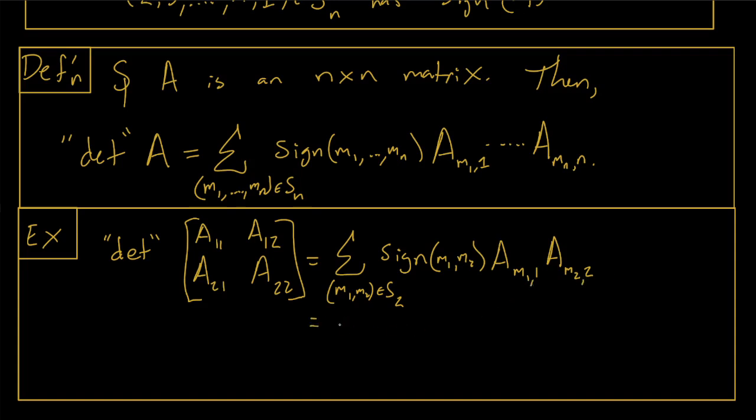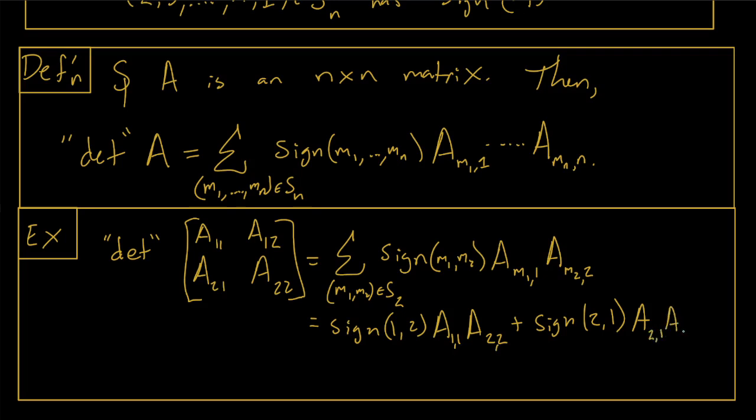Okay, so you just compute it out. So I'll get the sign of (1,2) a_{1,1} a_{2,2} plus the sign of (2,1) a_{2,1} a_{1,2}.